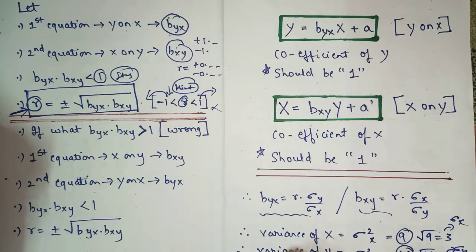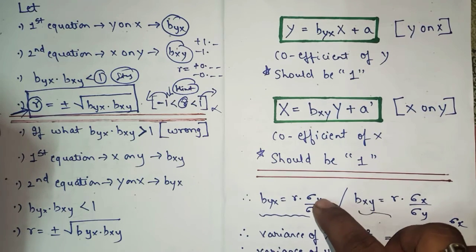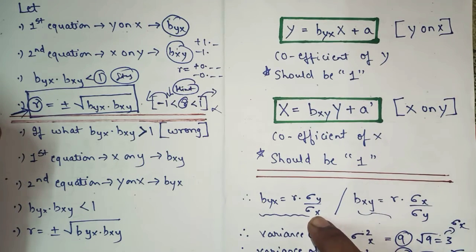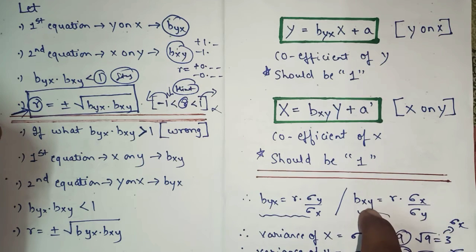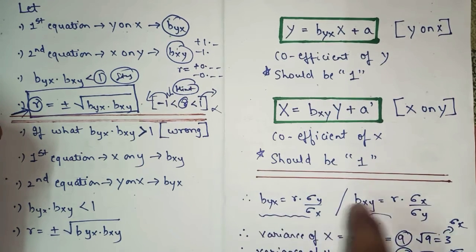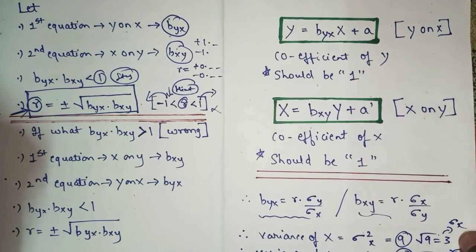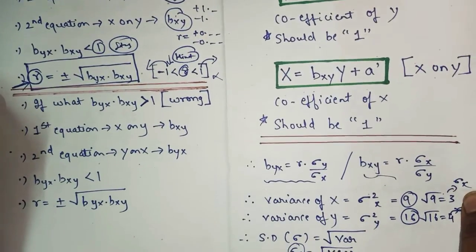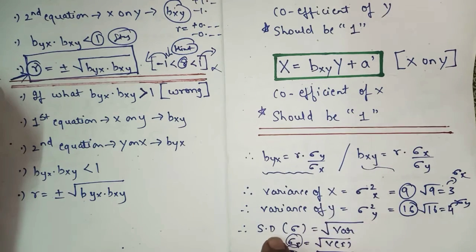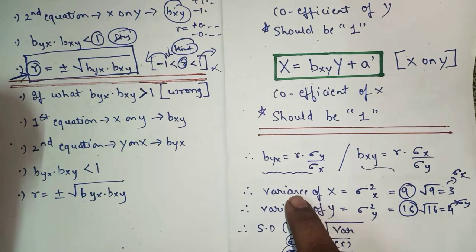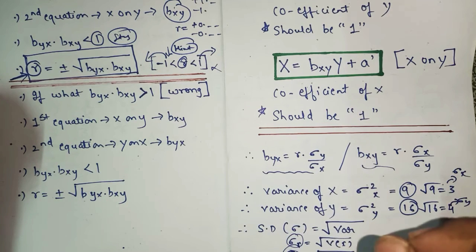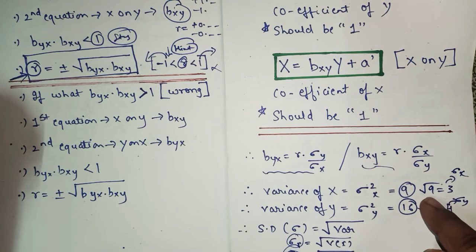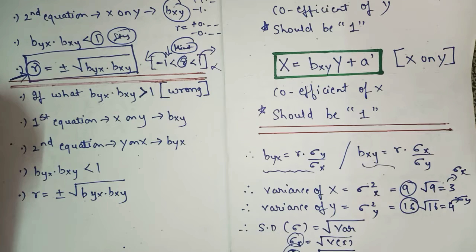And you have to apply these two formulas whenever you have the standard deviation of y or standard deviation of x, and you have to find byx or bxy. In such case, you will apply this formula. As I had explained in the previous lecture about the variance and the standard deviation, whenever you have the variance and you have to find the standard deviation, simply you have to find the square root of that particular number to get the standard deviation.